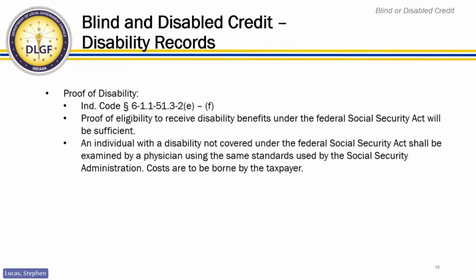That suffices. However, that's not required. An individual who is not covered under the Social Security Act, who's receiving disability benefits, can still be examined at their own expense by a physician using the same standards that Social Security uses to determine disability. So that would be on the applicant to go and do, and then provide proof of that disability to the auditor.